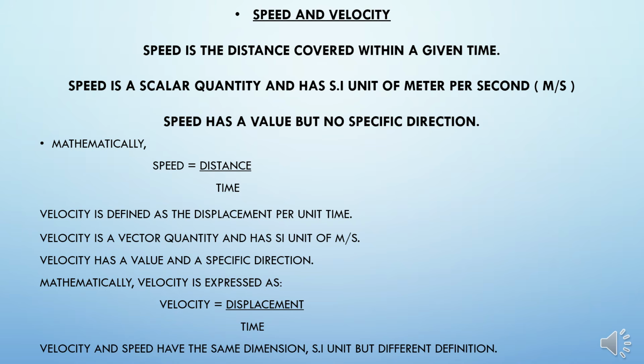They both have the same SI unit, but different definitions. And so, I can now differentiate between speed and velocity. I can also determine some similarities between speed and velocity.